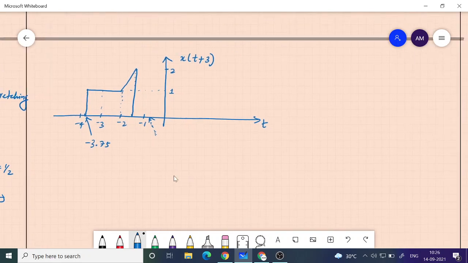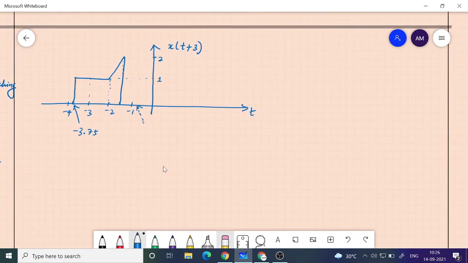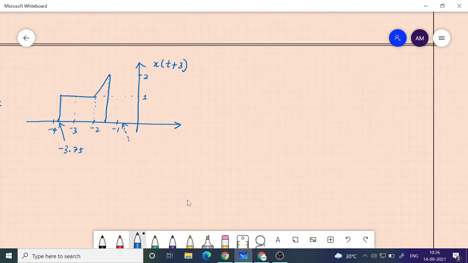Okay, so let me just reduce this a little bit. Whatever was at t will go to, say, whatever was at 1 will go to where?